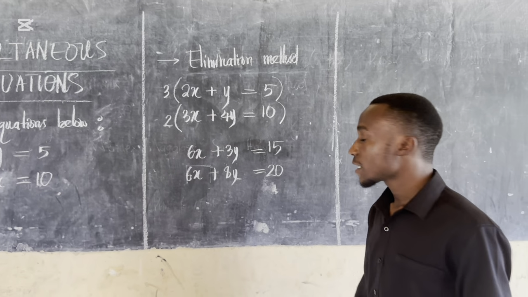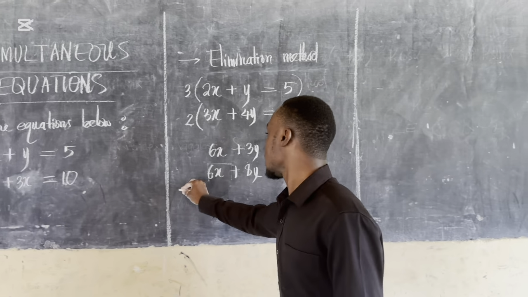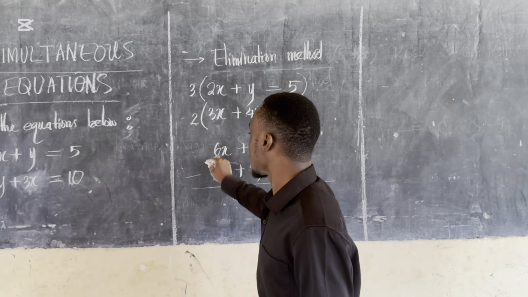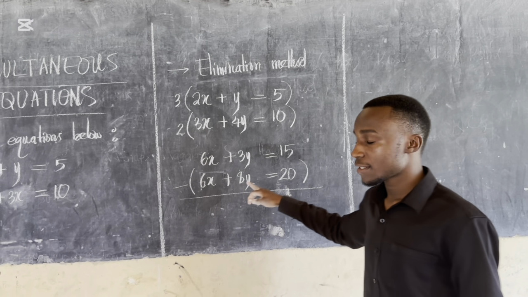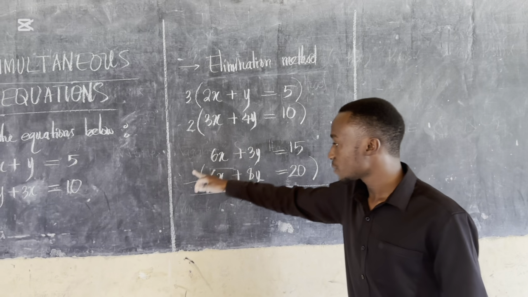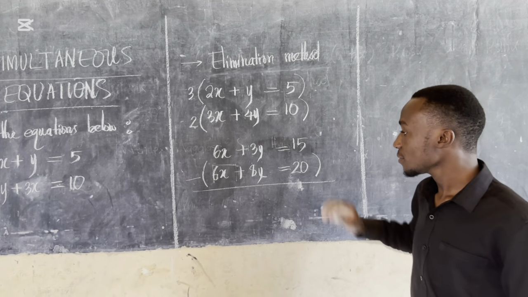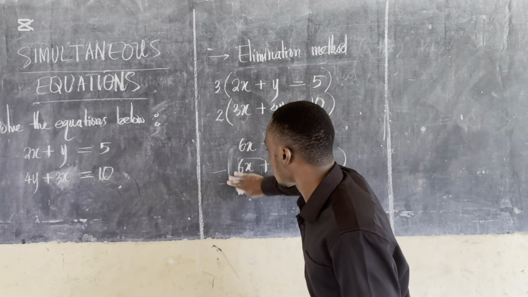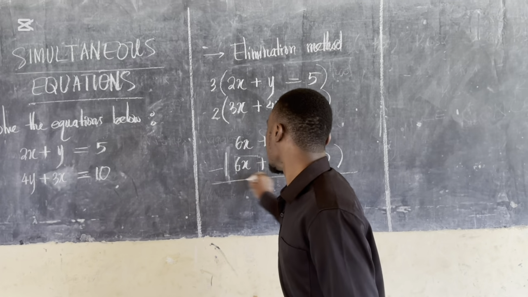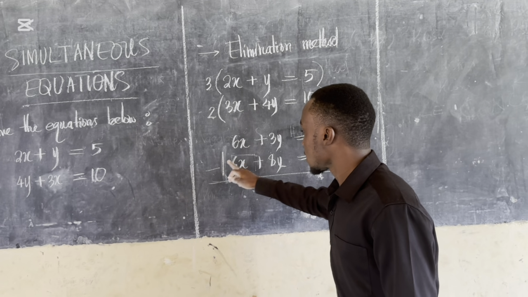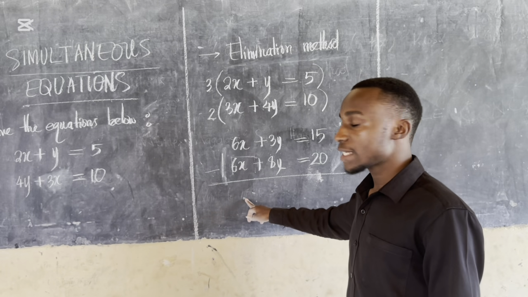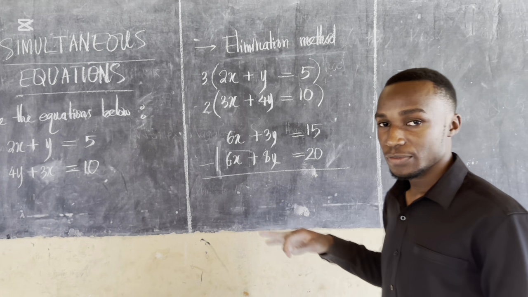After that, I will now subtract. I'm getting this equation minus this equation, the whole of this equation minus this one. I can just use a line here. So 6x minus 6x will give me a 0, and that is the major point of the elimination method.